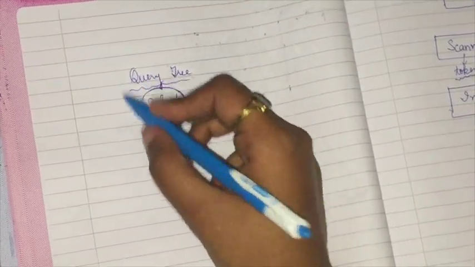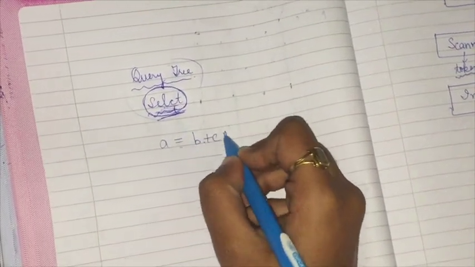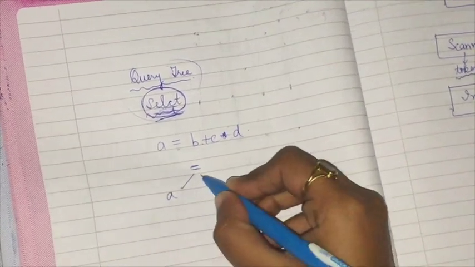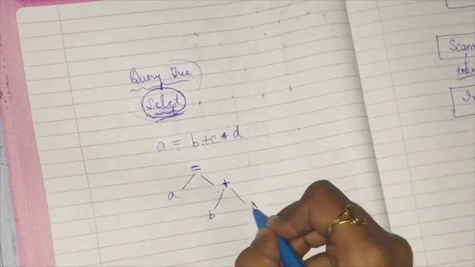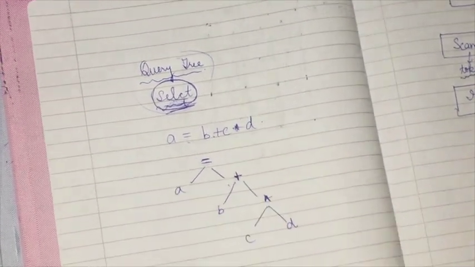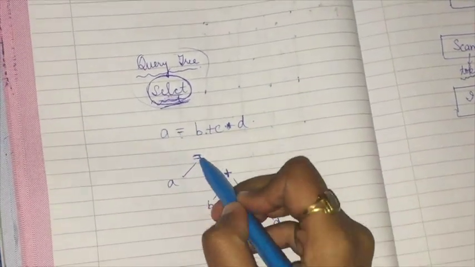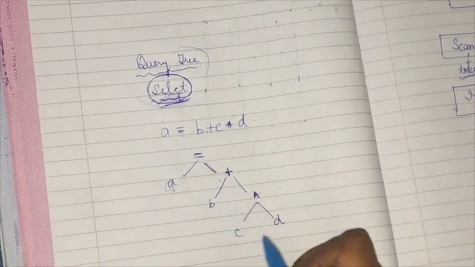Okay, so what is a query tree? For example, I have this expression A is equal to B plus C into D. What happens? The equal to sign is at the top. On this side is A, on the other side is the plus sign, then B and the multiplication of C and D. I know I need the equal to sign, with A on one side, and on the other side this entire thing.